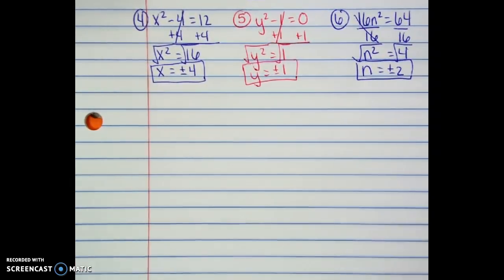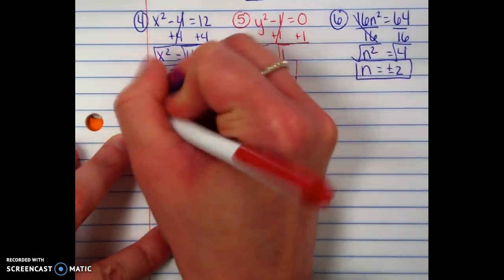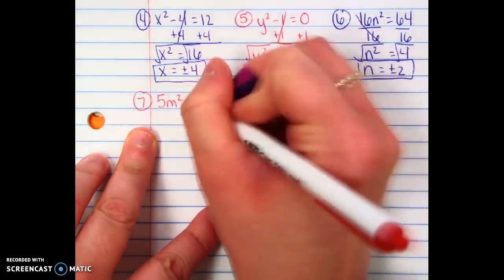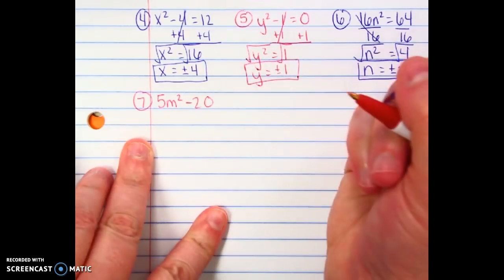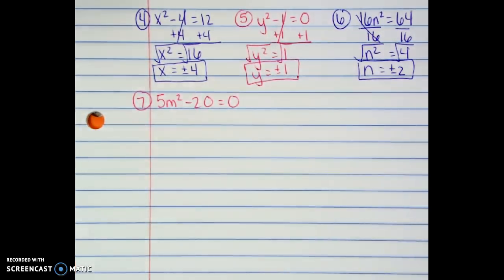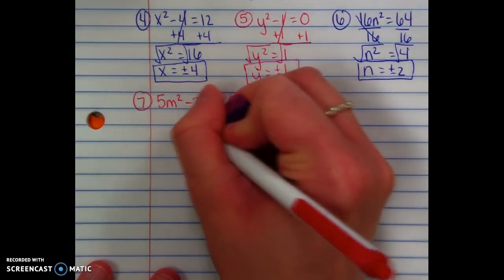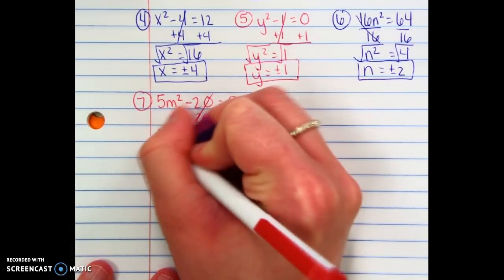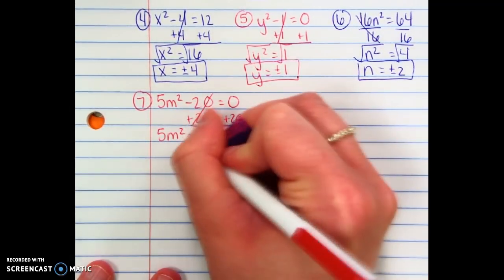Okay, we have 3 more. We're almost done. Number 7, 5m squared minus 20 equals 0. Okay, so this is a two-step equation. So first you would add the 20 to both sides to get 5m squared equals 20.